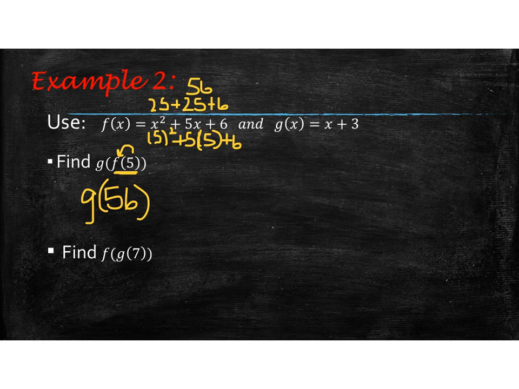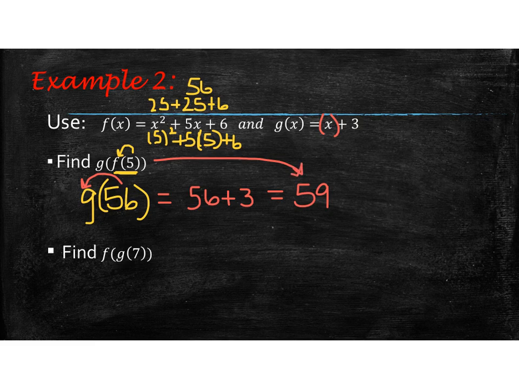Well, now what we're going to do is take 56 and plug it into the g function. So that's going to look like this. Right here, in place of x, I'm going to put 56. Then I'm going to add 3 to it. So that's going to be 59. So g of f of 5 is equal to 59.